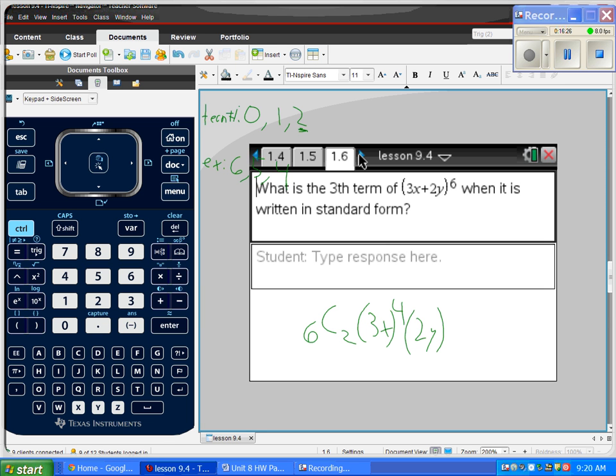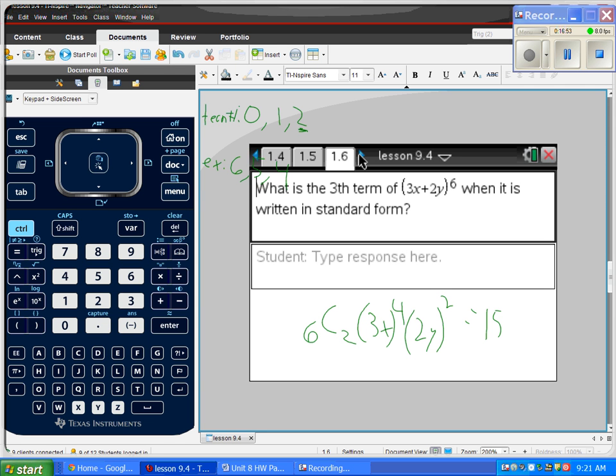Raise it to the what? 2nd power. Because these still need to add up like this. It's still a binomial. So what is 6C2? I said, what is 6C2? You put it in the calculator, you get 15.